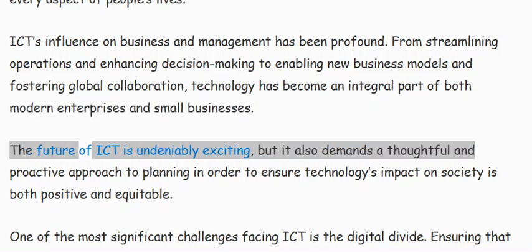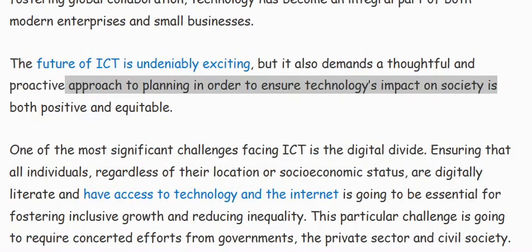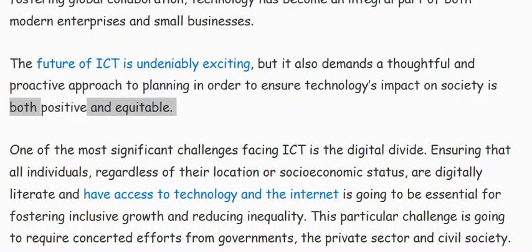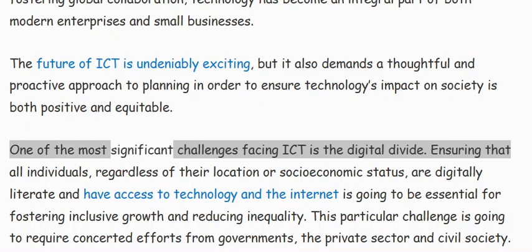The future of ICT is undeniably exciting, but it also demands a thoughtful and proactive approach to planning in order to ensure technology's impact on society is both positive and equitable. One of the most significant challenges facing ICT is the digital divide.